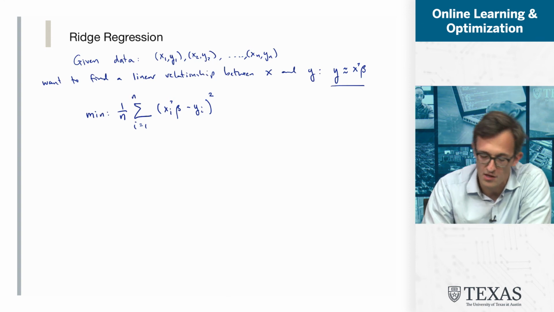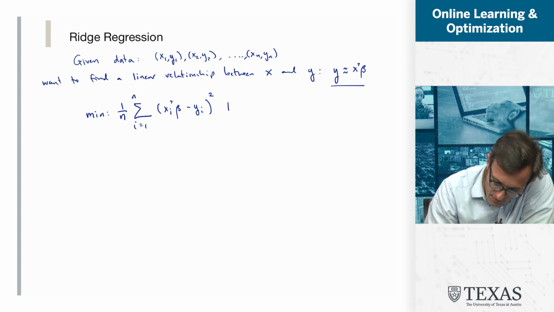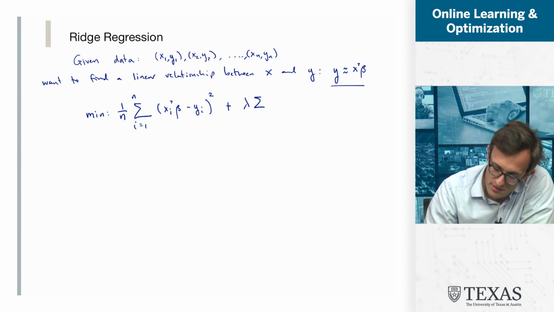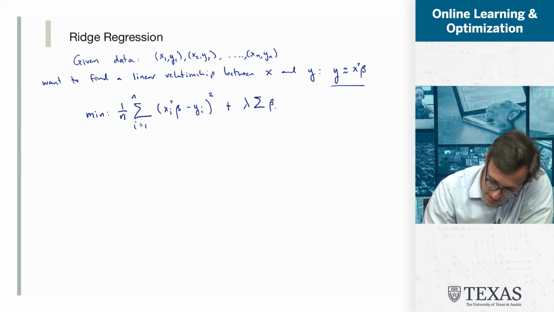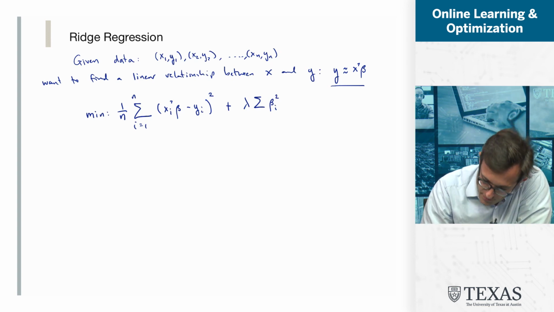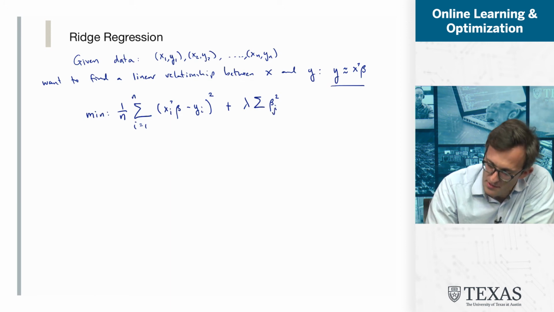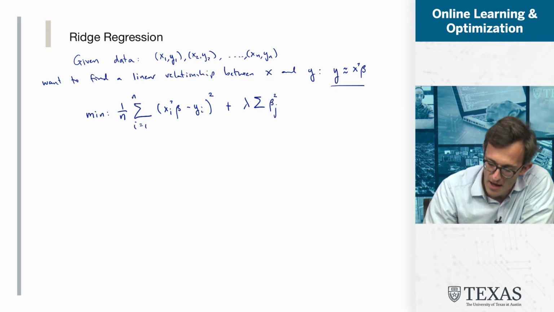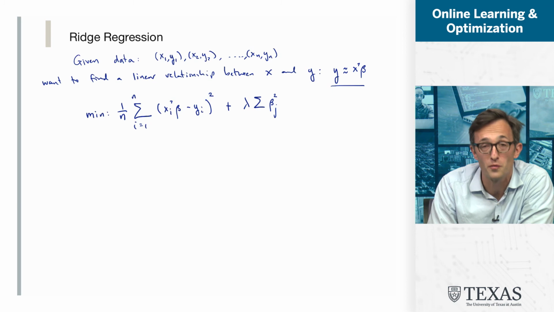Ridge regression adds one additional twist, which also says, let's also try to balance this error on the data points with the sum of squares of the coefficients of beta. So here, let me use an index j, so it's not confusing with the i, which runs over the data points.